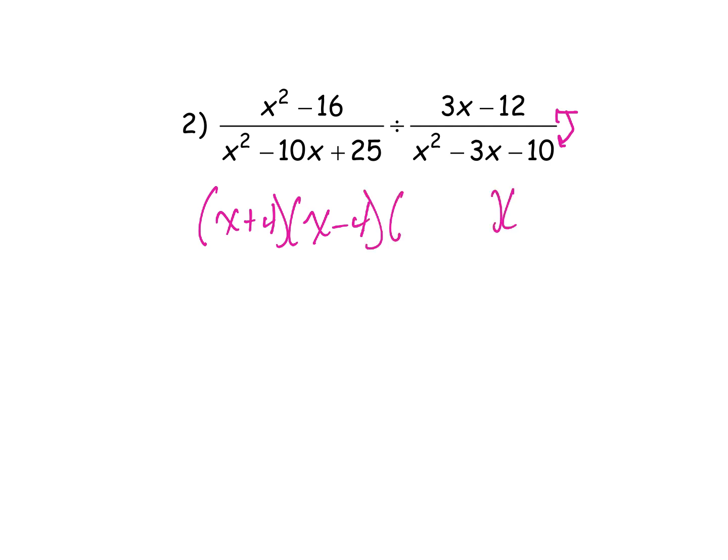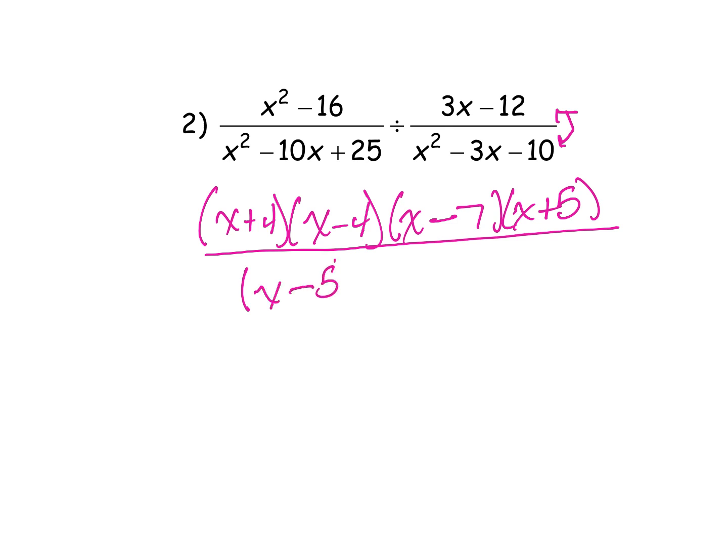And let's see, what do we have here? Minus 7 plus 5. Okay, all over x minus 5 times x minus 5 times 3 times x minus 4.